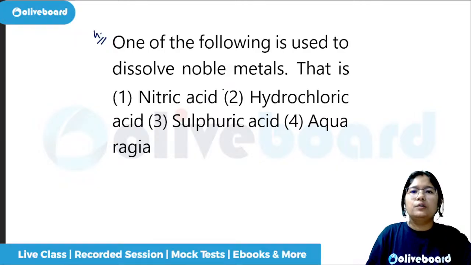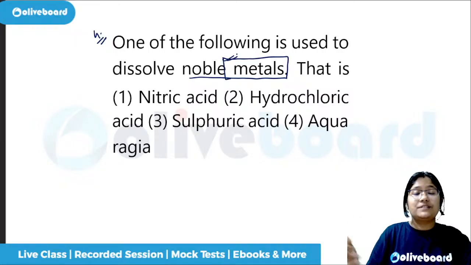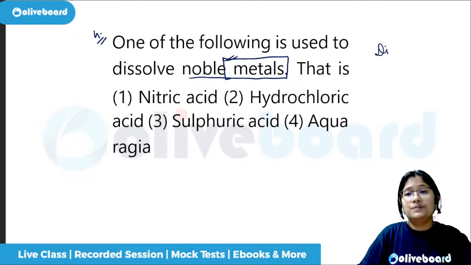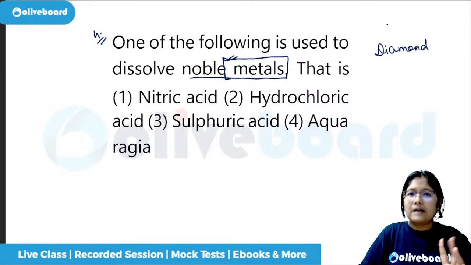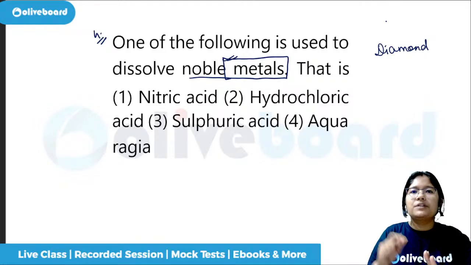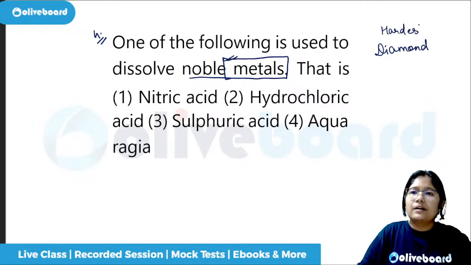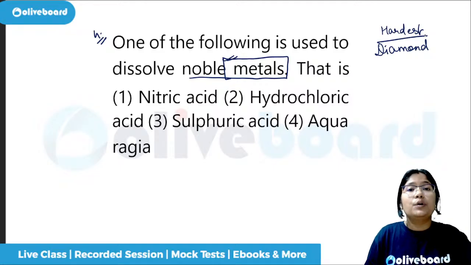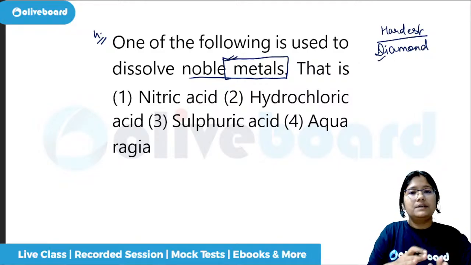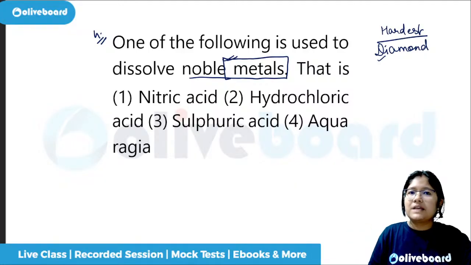Which one of the following is used to dissolve noble metals? See, metals are not easily dissolved, but we have seen that if you want to burn diamonds, though carbon is not a metal, of course, even if it is the hardest and one of the purest allotropes of carbon, it can still be burned, because all of carbon's allotropic forms can be burnt.